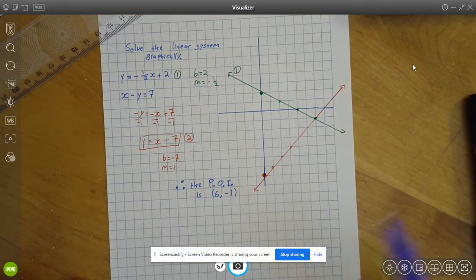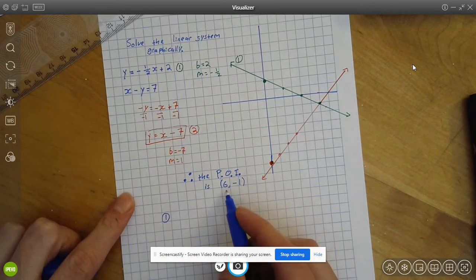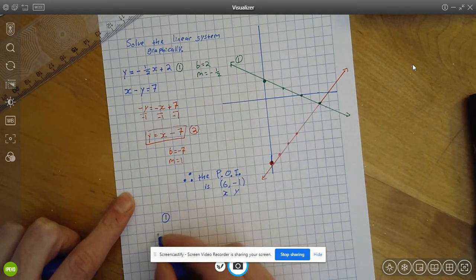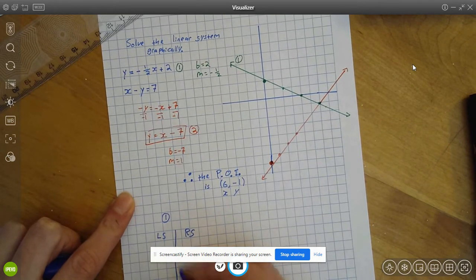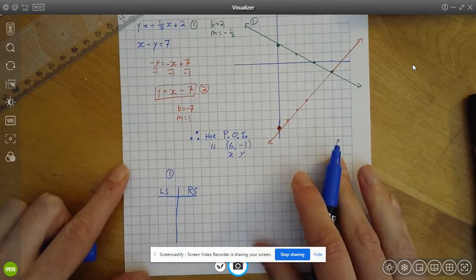Now, let's say I want to check or verify my answer with left side, right side checks. So what I need to do is two left side, right side checks. I need to first prove that this point, 6, negative 1, is on equation 1, and then I need to prove that it's also on equation 2. There's only one point that is going to be on both equations.